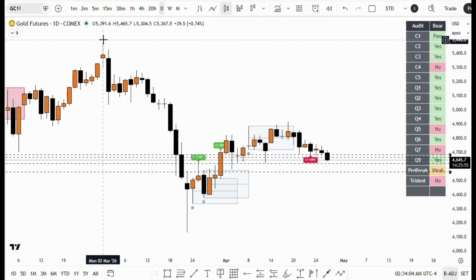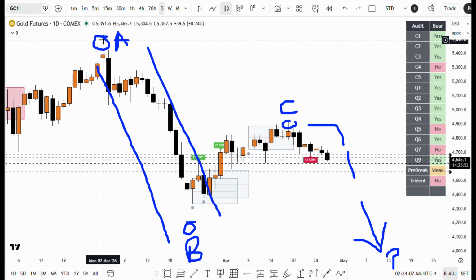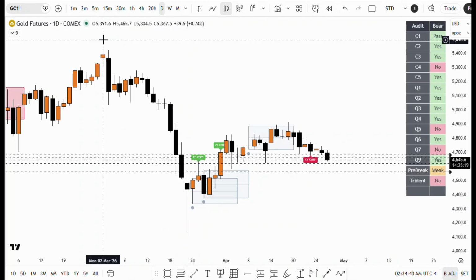A directional bias is more based on price history. I use the model called a two-step, and it identifies three points: point A, point B, and point C. I am only looking to take a trade at point C, but my directional bias is based on point A and point B. Hopefully that clarifies what I mean by a directional bias versus a bias.